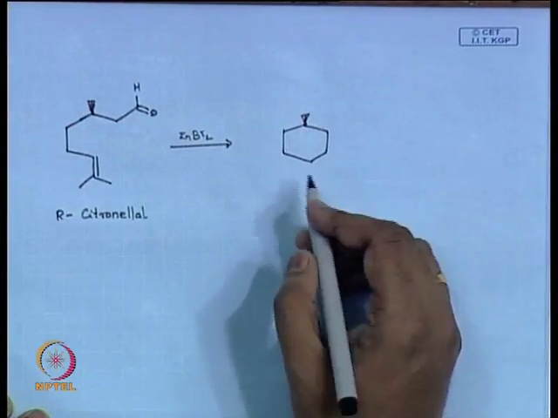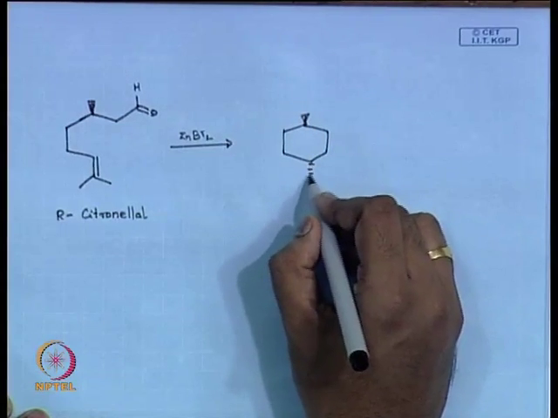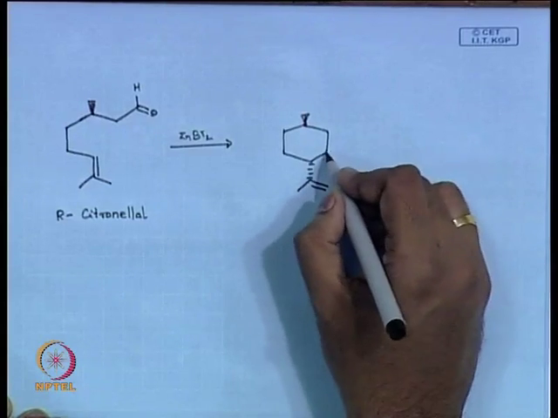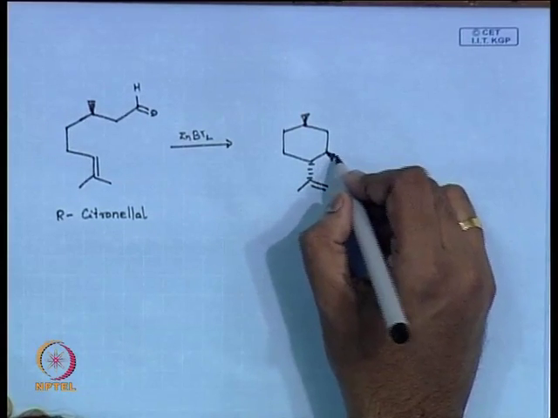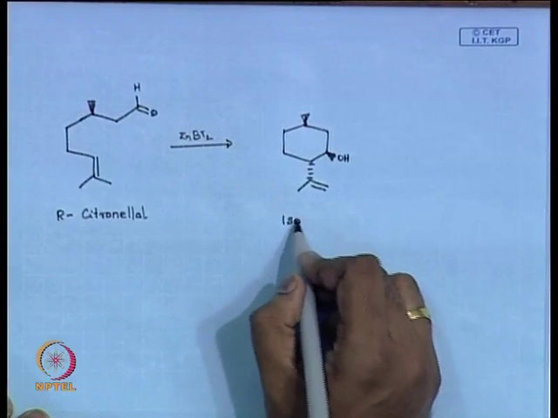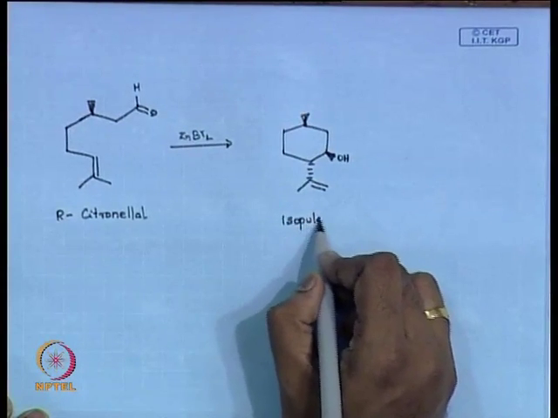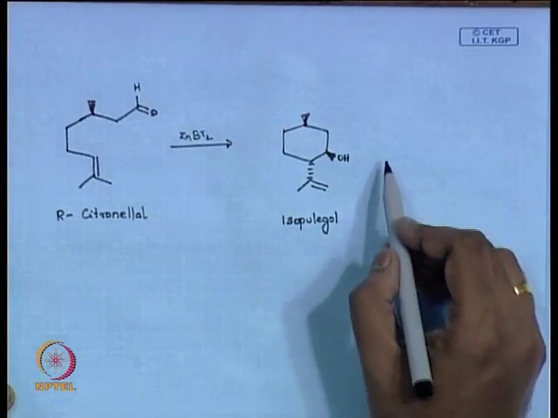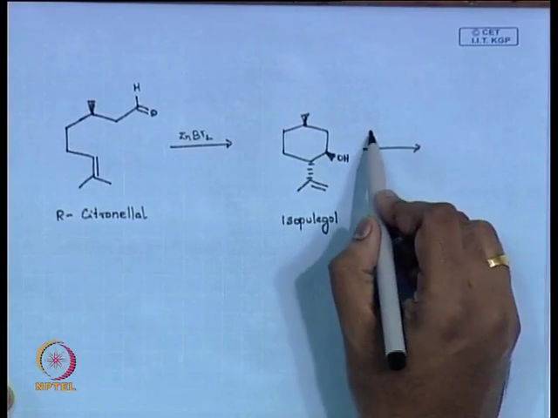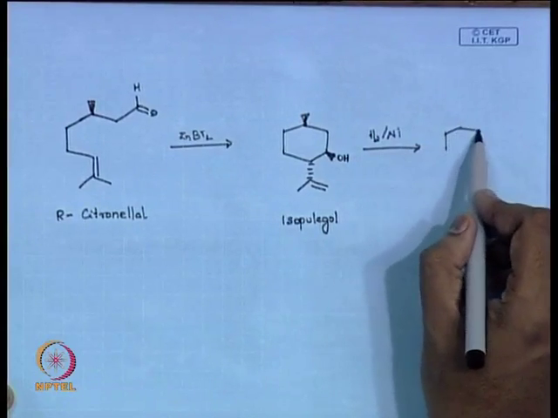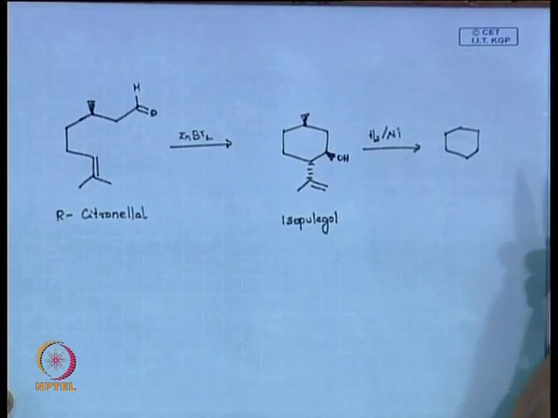What do you get? A very good synthetic utility method for making this. You have studied this reaction, in which you get isopulegol, right? You get isopulegol, and then on reduction, what do you end up with?